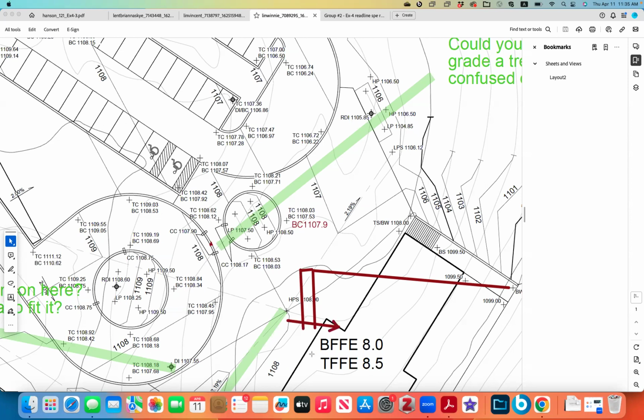That's where water comes in. And I need a trench drain that is receiving water down here. So the bottom of the curb here is not the same as the bottom of the trench drain. So I need to drop another 0.5 here. So the bottom of the trench drain over here would be 1107.4, for instance.